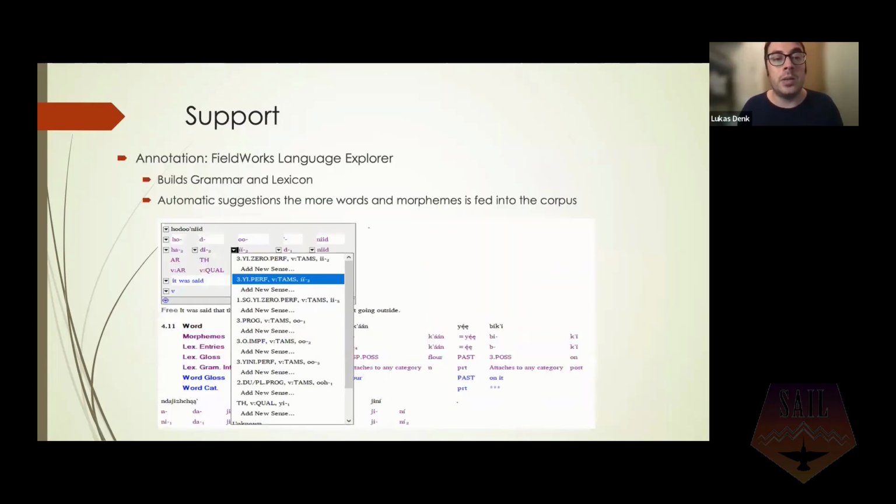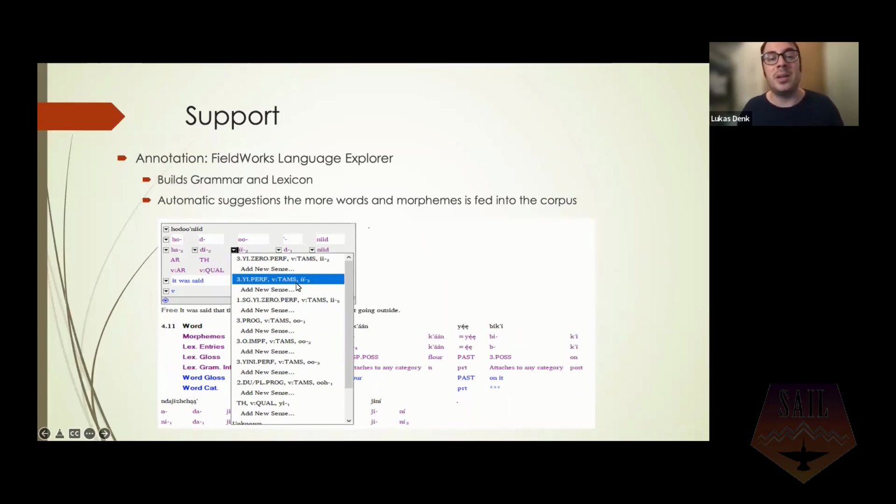I used Fieldworks Language Explorer, which is a tool to gloss a text. And the good thing is that the more information you feed into this tool, the more it auto-completes. So if I go here and I have this morpheme, then I can click here and see all the suggestions it gives me.